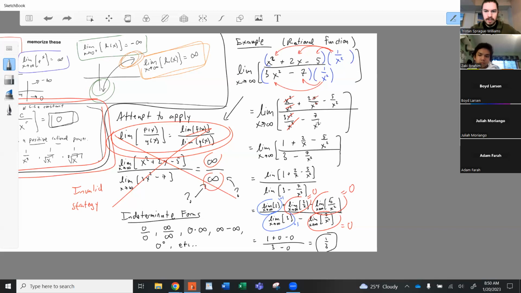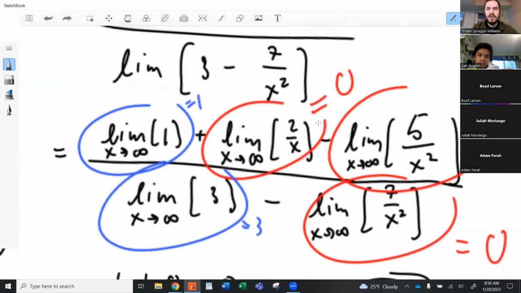There we go. So another question in the chat real quick. Why is the limit of 2 over x equal to 0? Whenever you have the limit of a constant divided by a power of x, that's always going to approach 0. Basically, it's 2 divided by big numbers, right?